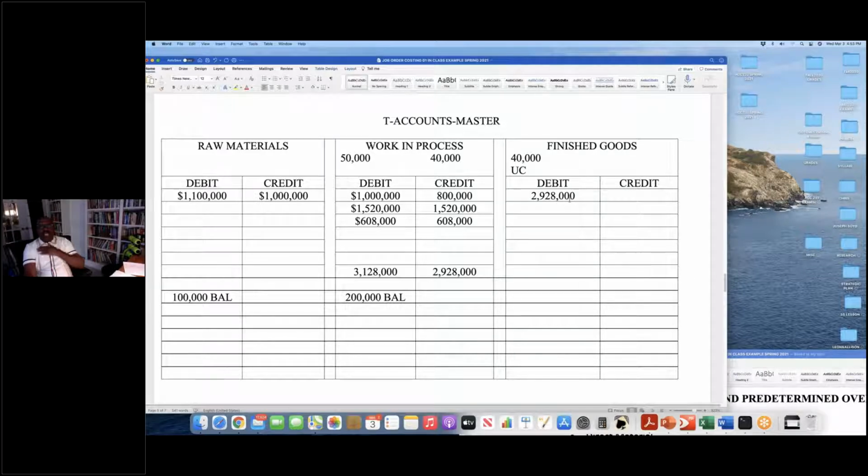We have 2,928,000 in costs for 40,000 units. So what is our unit cost going to be? $73.2. So 73.2.